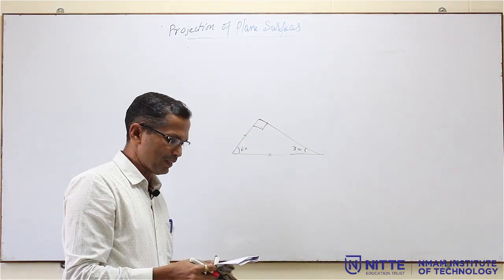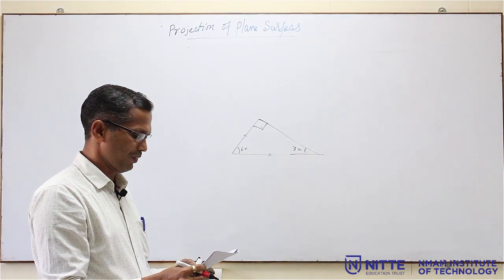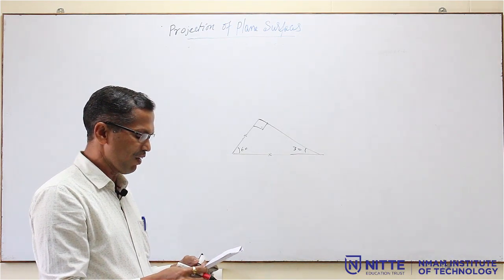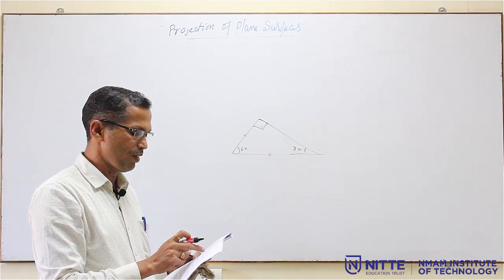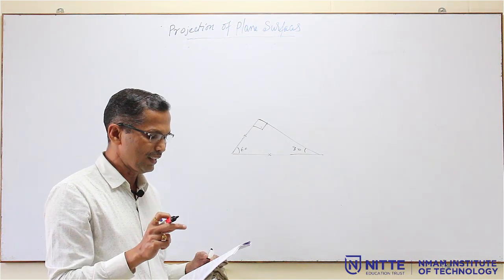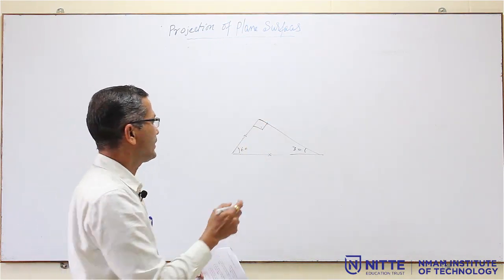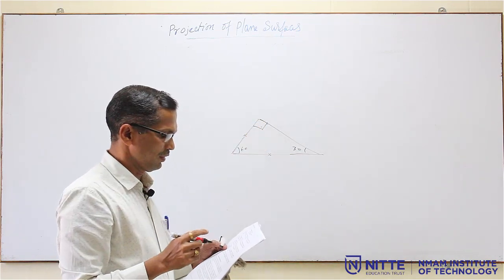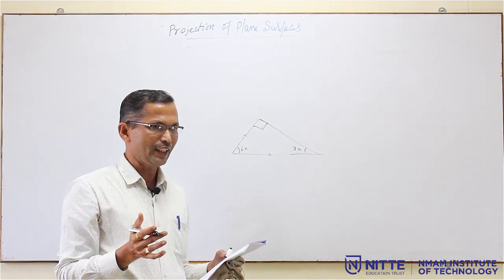is kept such that the shortest side is in HP and making an angle of 45 degree with VP. So, this 45 degree angle with VP is the inclination of the shortest side, it is not the inclination of the lamina. Shortest side means it is the line inclination. Then the set square itself is inclined at 60 degrees to HP.